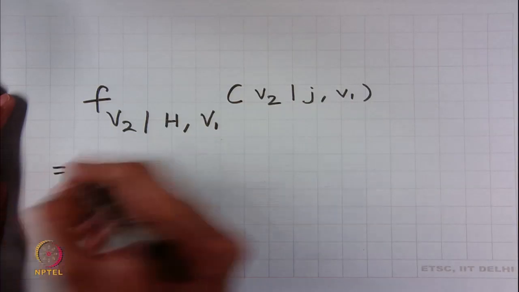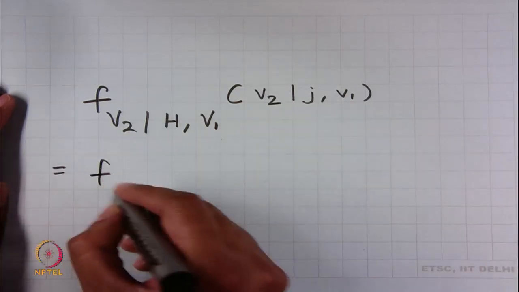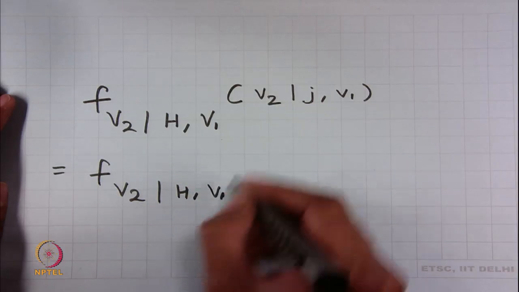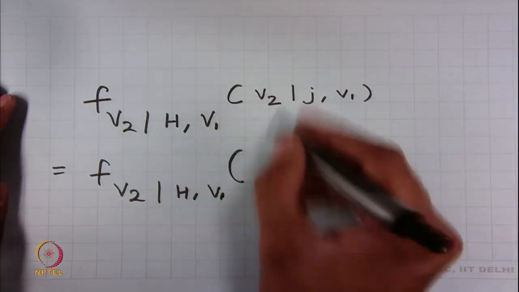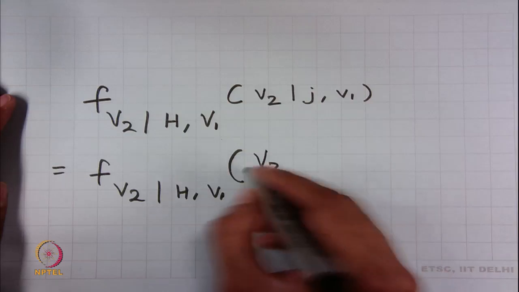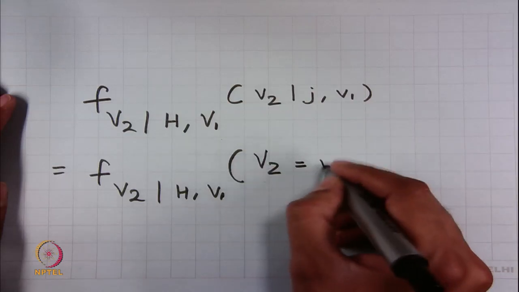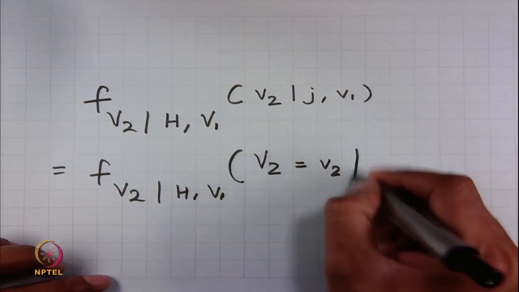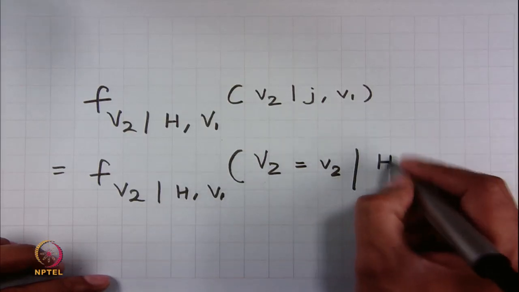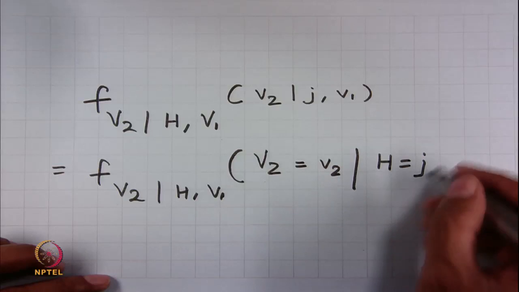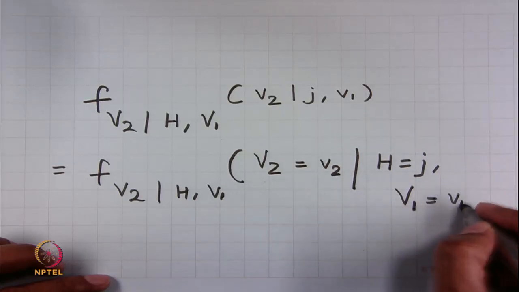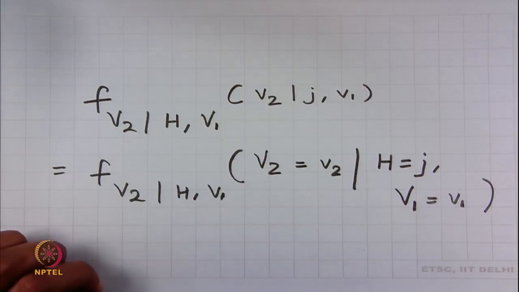So, this can be expanded like this. So, I am saying what is the PDF for which random variable V2 takes in a numerical value small v2, given that hypothesis is j and random variable V1 has taken in a numerical value small v1.